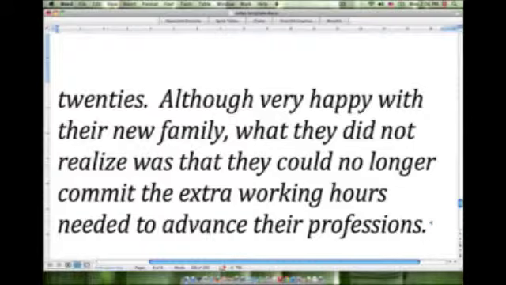So, although very happy with their new family, what they did not realize was that they could no longer commit the extra working hours needed to advance their professions.